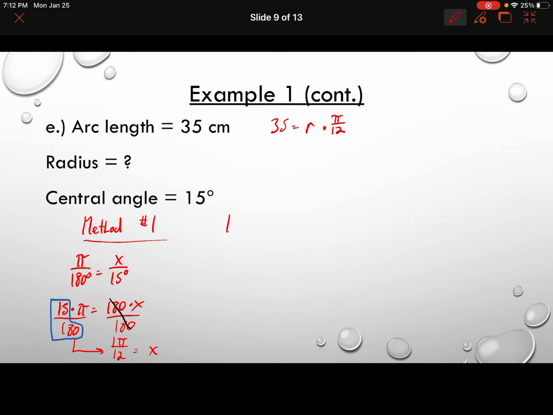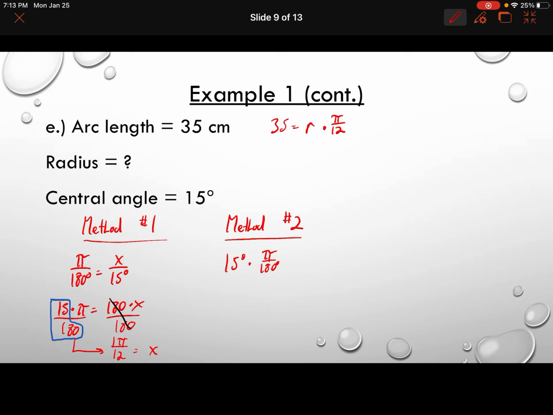Or you can do method 2, which is a simple conversion formula just like the previous problem, except this time we're going from degrees to radians. So to go from degrees to radians, you take the angle, in this case 15 degrees, times pi over 180.